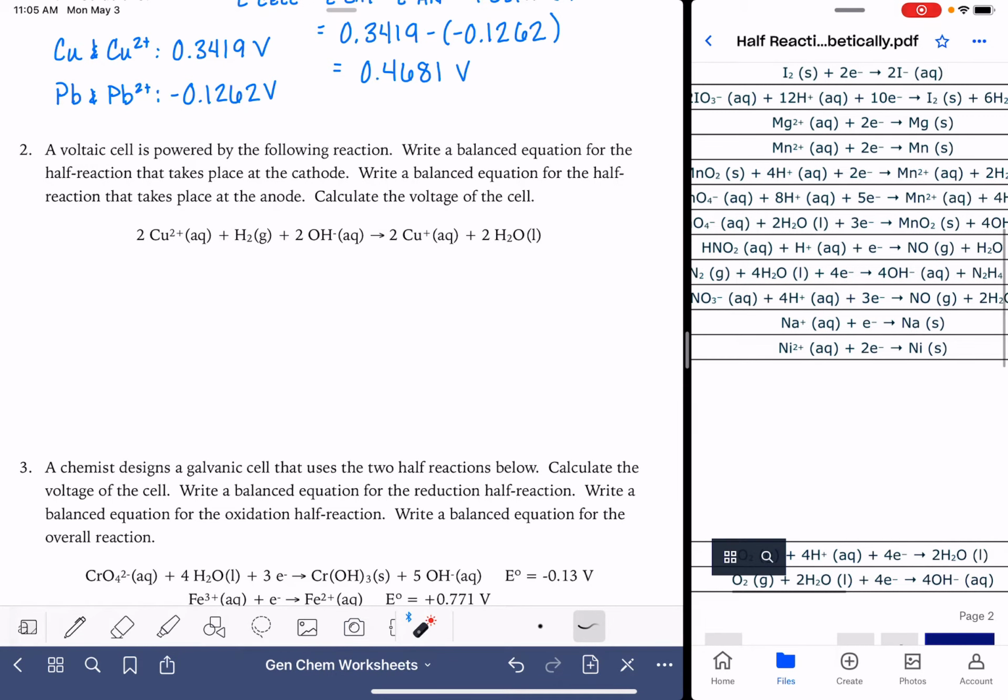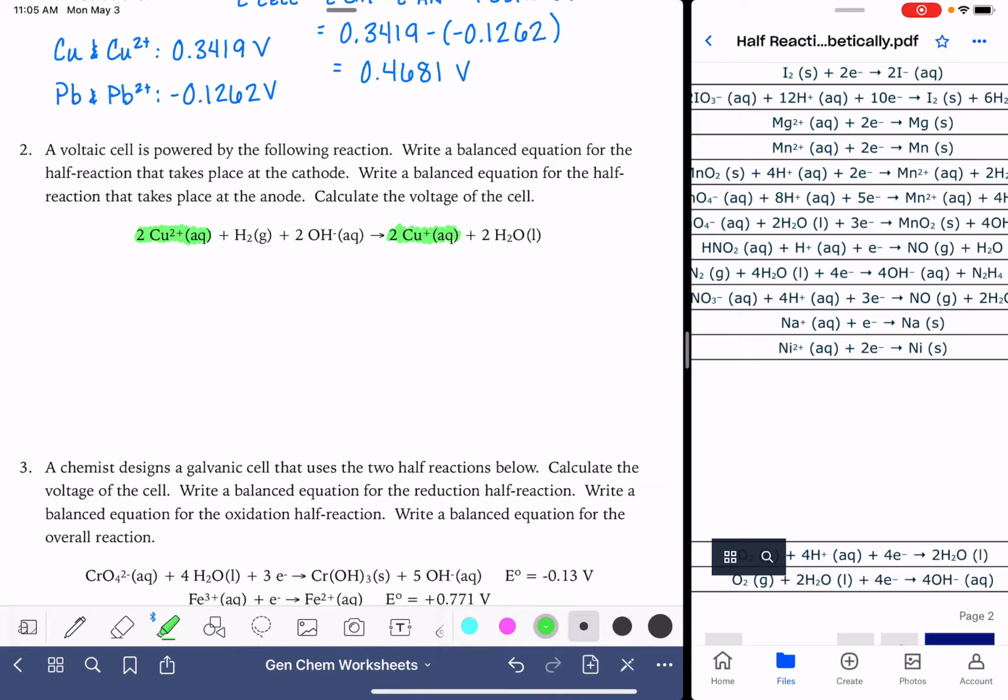So what I'm going to do with this, I'm going to begin by getting ready to identify the two half reactions in this equation. So using a similar process that we would use if we were being asked to balance this. By that, I mean, I'm identifying that I have this copper 2+ ion, and I want to look over on the right-hand side to see what that is corresponding to, what it's matching up with. I have a copper +1 ion over here.